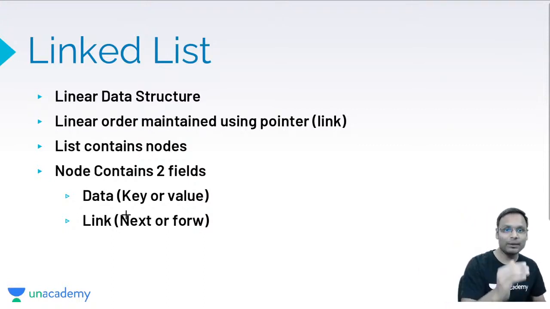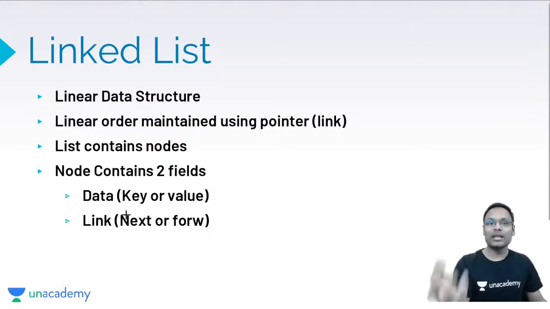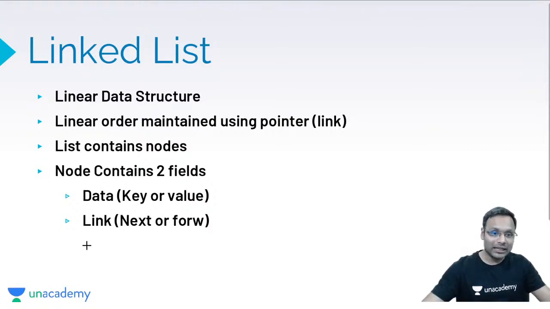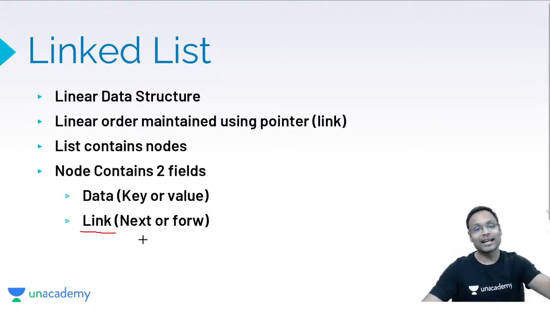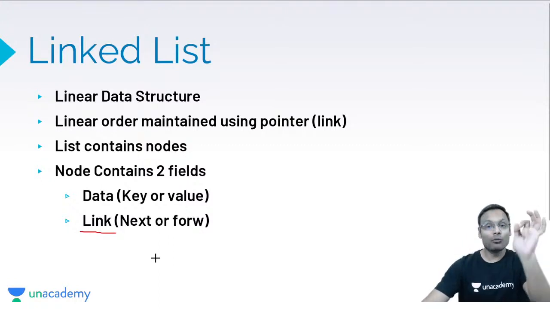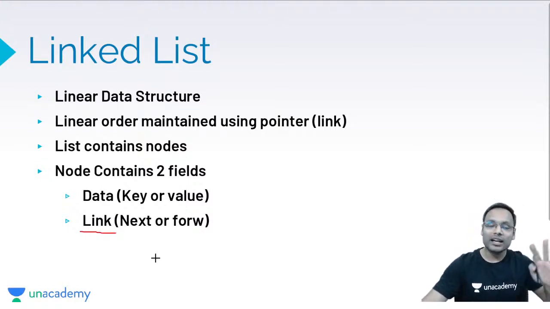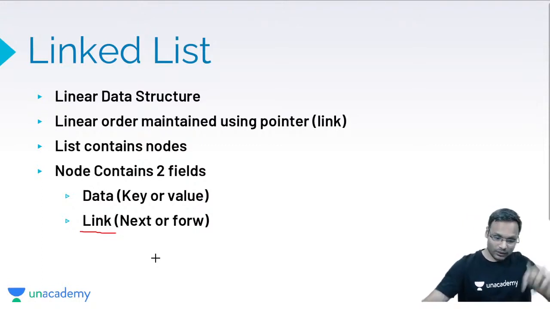So if the first element you have accessed, from first to second if you want to go, then for getting the second element we keep the link to the second node, so that we can reach the second element wherever it is present or wherever it is actually stored in the memory. कहीं भी store करो, access कर लेंगे link के through. Now let's see.